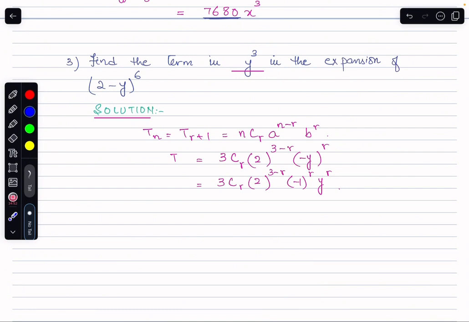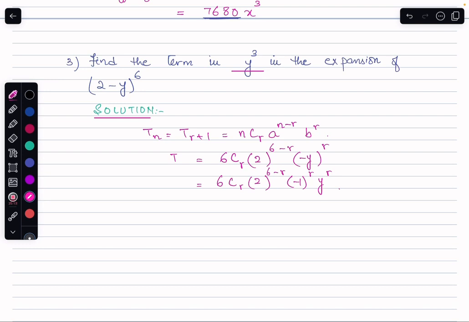Applying the data here, my n value is 6. So it's going to be 6Cr 2 to the power 6 minus r, negative y to the power r.